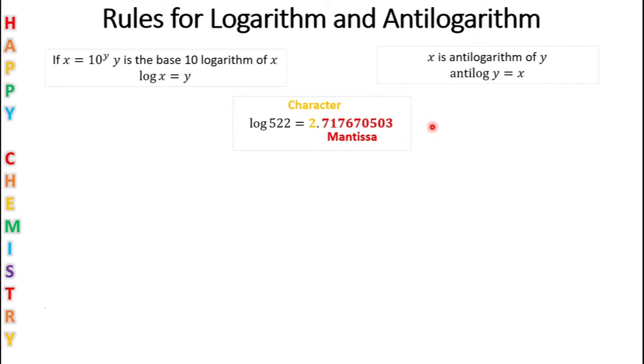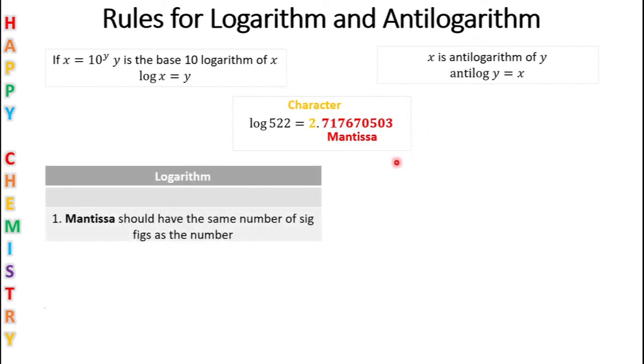We will first look at the rule for logarithm. The rule is the mantissa should have the same number of significant figures as the number. I repeat, the mantissa should have the same number of significant figures as the number.